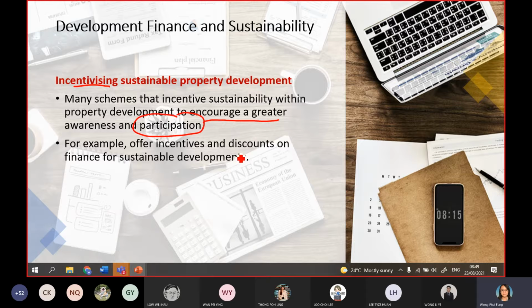If you offer incentives, some rebate and discount in terms of tax exemption, that will be better because that will encourage them to participate more in sustainable property development. So incentive is a second approach from the bank, the financial institution, or even the government to offer all these benefits to developers who practice sustainable development.